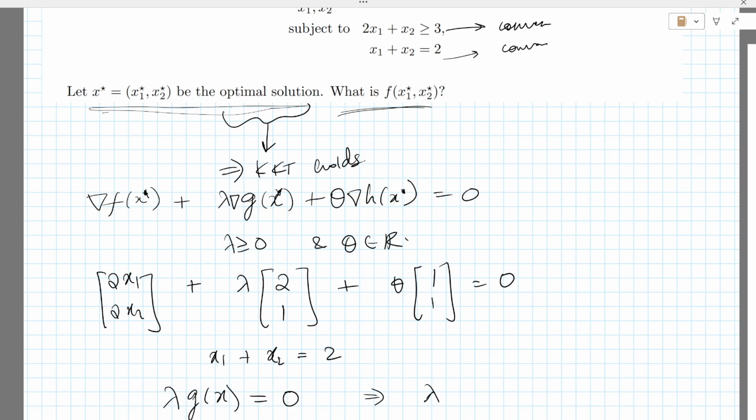So lambda times (2x1 plus x2 minus 3) is equal to 0.